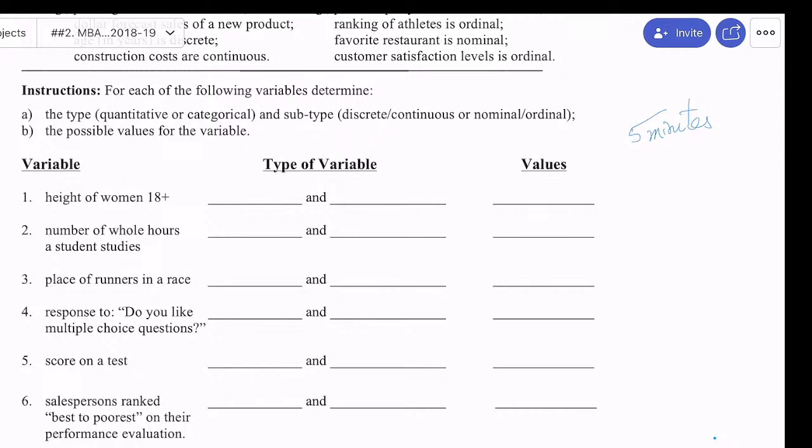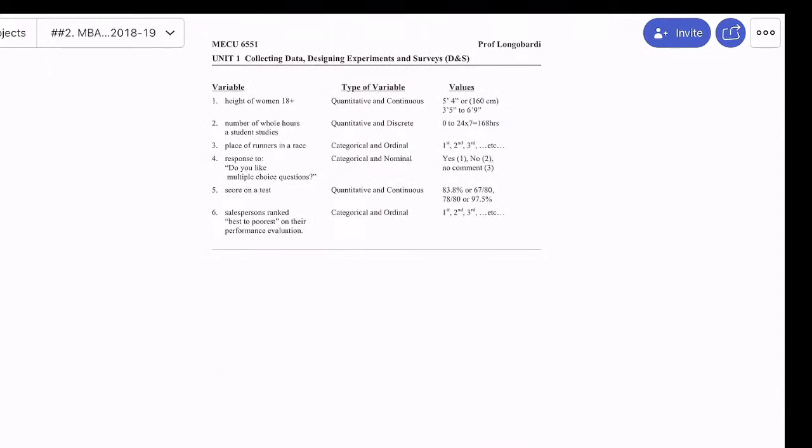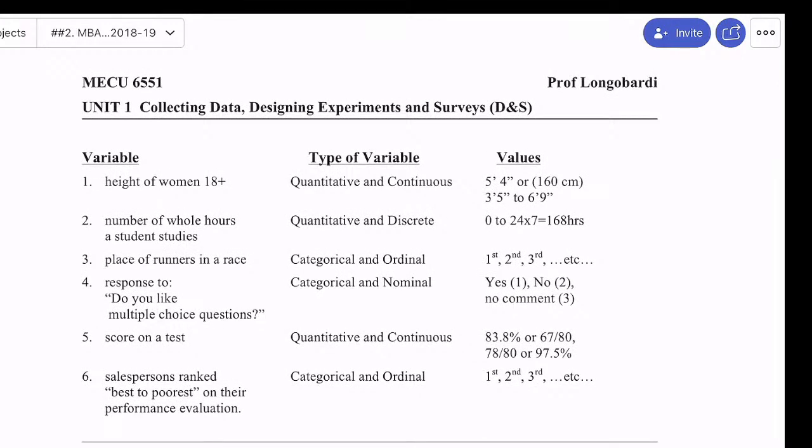Okay, I'm back. So any questions about this? The answers are provided at the top on the next page. Any questions about any of these? So height of women should be quantitative and continuous, because even if you don't have a measuring tool with precision, you can acquire one.